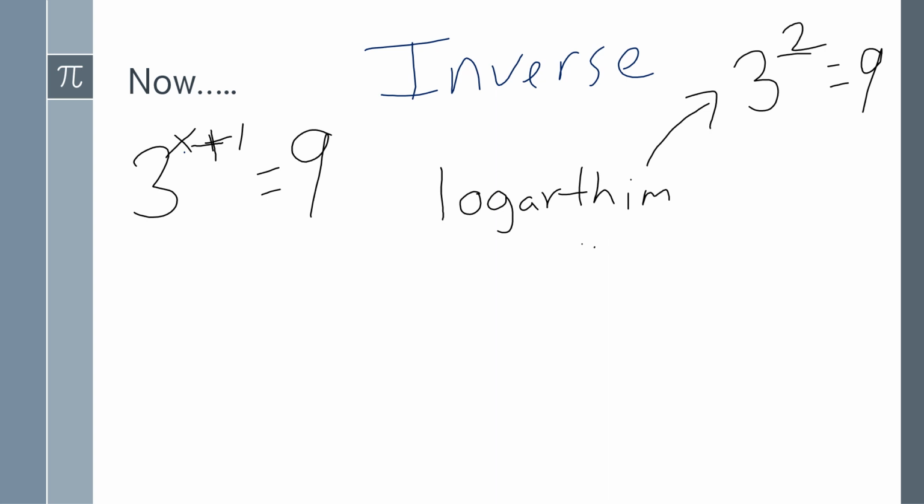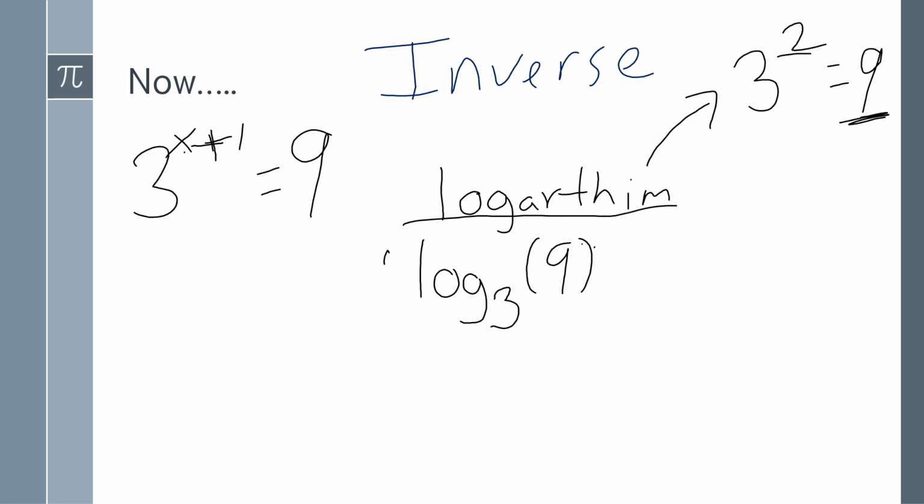When we rewrite this in logarithm form, we do this: log, take your base, which was 3, and take your answer from the exponent, 9. When you see this logarithm, it's asking how many 3's does it take to give me 9? And we know by doing the exponents, 2.